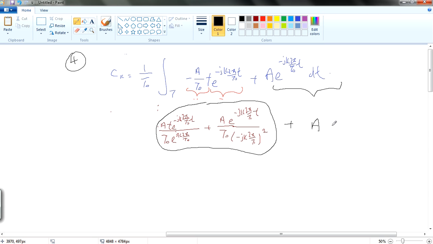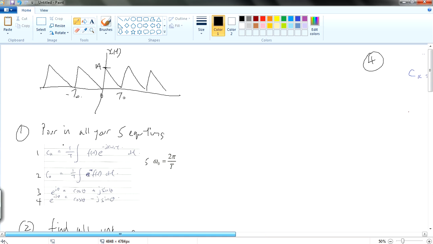It's just a e minus jk 2 pi t naught t over minus jk 2 pi t naught. This thing we already integrated, so we put it in terms of, as I said earlier, the interval t naught, 0 to t naught, so it's over here to here.